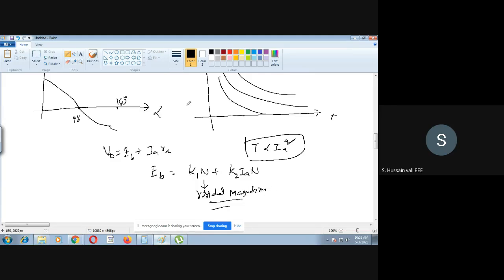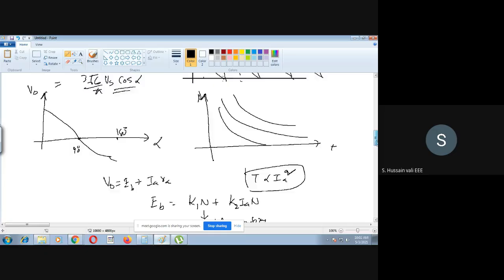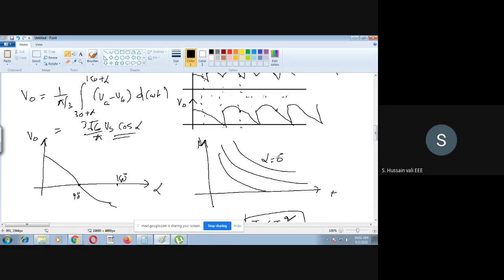So using all these, you will get this graph. Alpha is equal to 0 and so on. Okay. So now, okay.